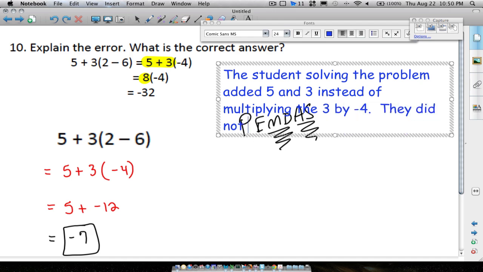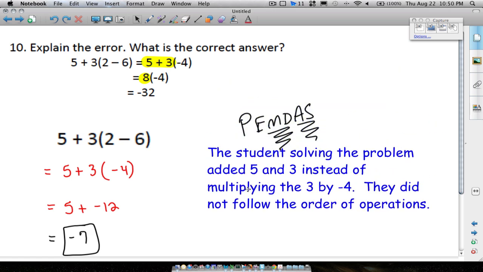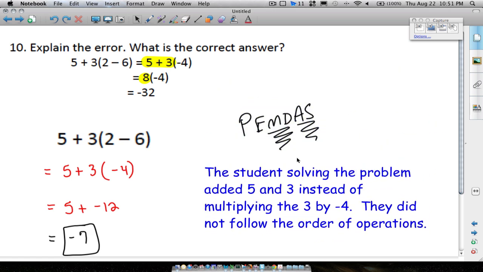They did not follow the order of operations. Let me move that down so it's not inside of the writing. But again, the student solving the problem added the 5 and the 3 instead of multiplying that 3 and that negative 4 first. And we showed that right here in our work. So an explanation like that, definitely want to see it, because it does say explain the error. Make sure you explain the error.